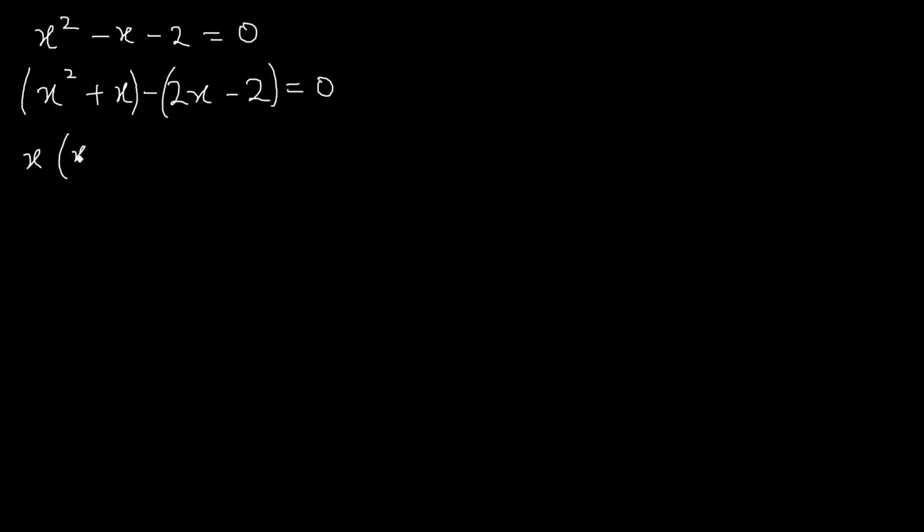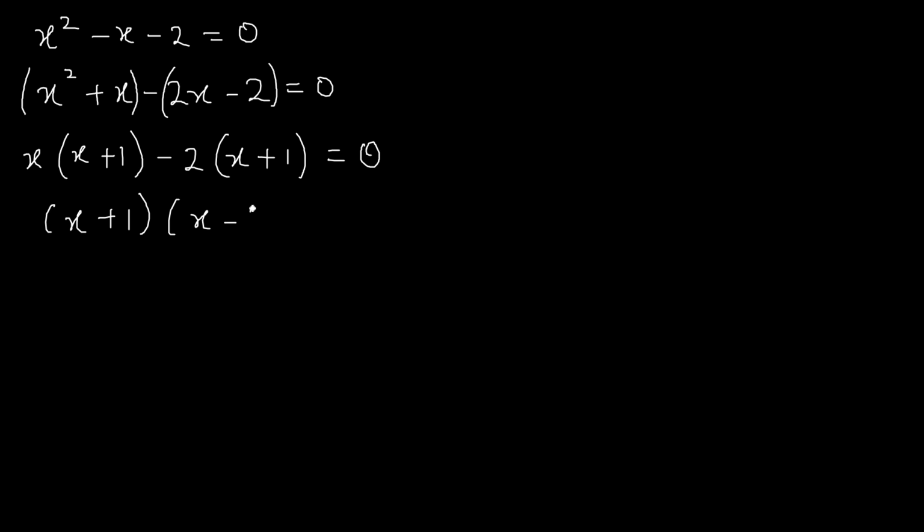We have x plus 1. For the second one, we can factorize negative 2 out. When we bring negative 2 out, what are we left with? We are left with x plus 1. Good, equals 0. So our final answer will be x plus 1 in one bracket and x minus 2 in the next bracket.